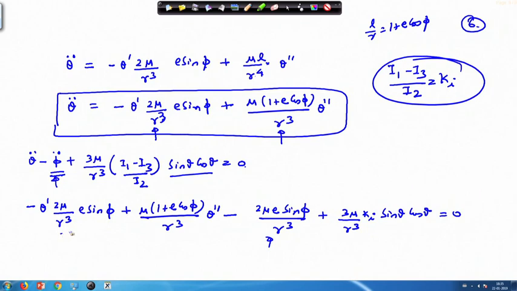So, you can see that in the denominator everywhere this r cube term is appearing, and because r is non-zero, there is no problem, we can take it on the right hand side and eliminate it from this part.